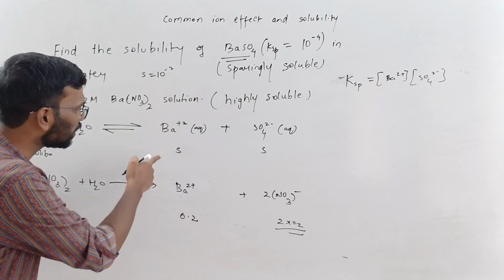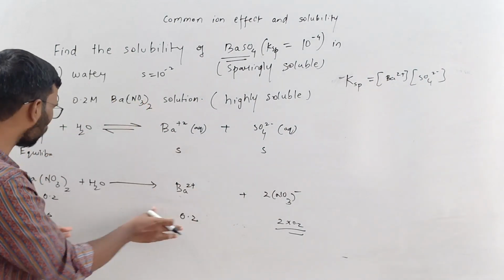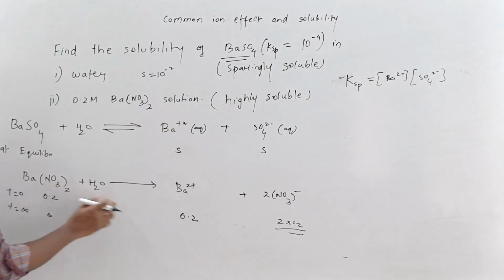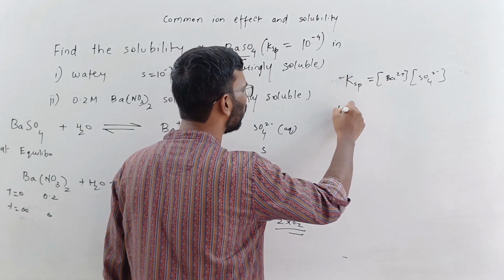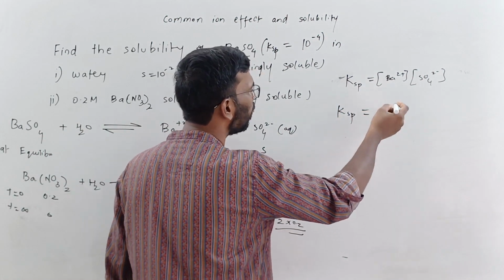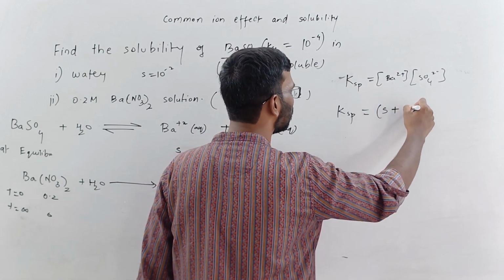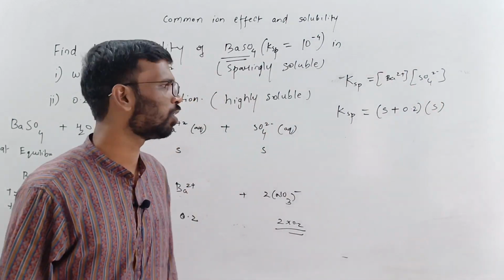It is S plus 0.2, because this is also due to barium nitrate, because it was highly soluble. 0.2 molar we had taken. So KSP is equal to, instead of writing just S, I write S plus 0.2. And this is S. There are no stoichiometric coefficients on the top.